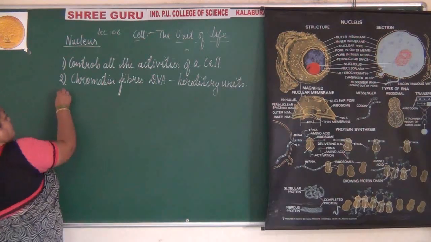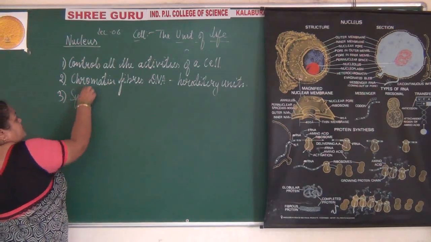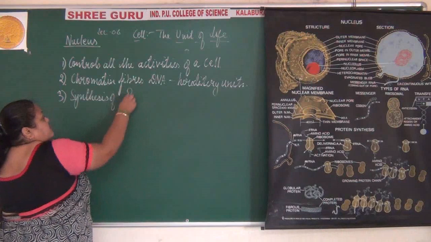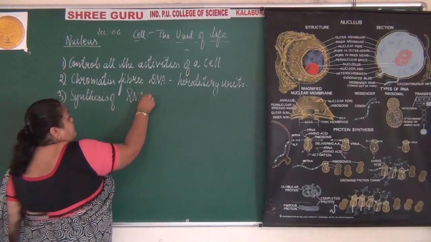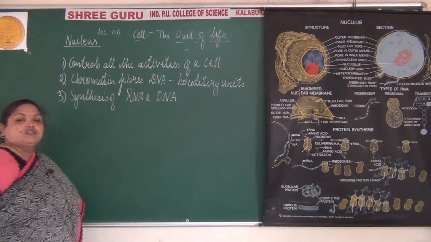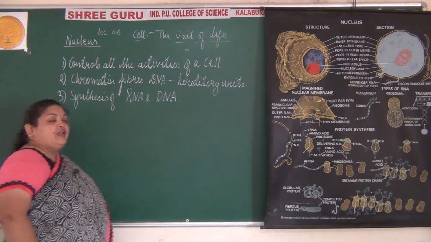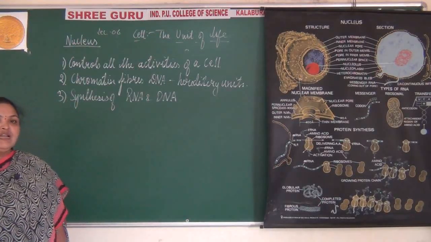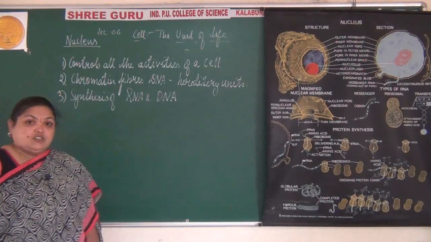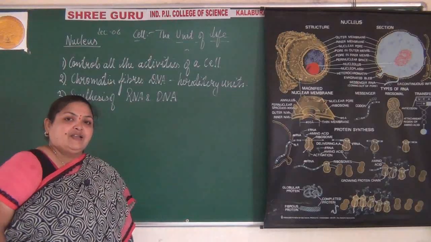It is also involved in the synthesis of RNA and DNA, the nucleic acids. In future classes you will come to know in detail. Hope you have learnt in your lower sections, there are three forms of RNA: mRNA, rRNA and tRNA.